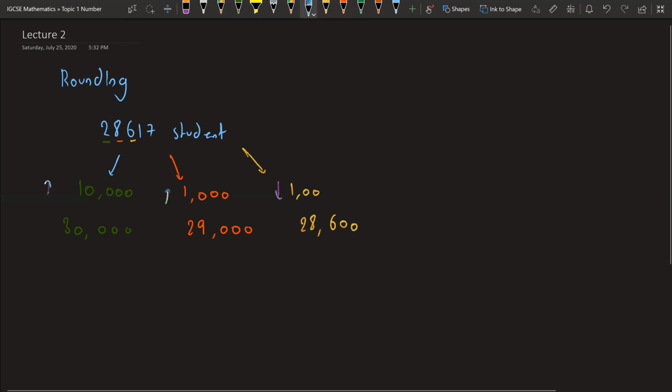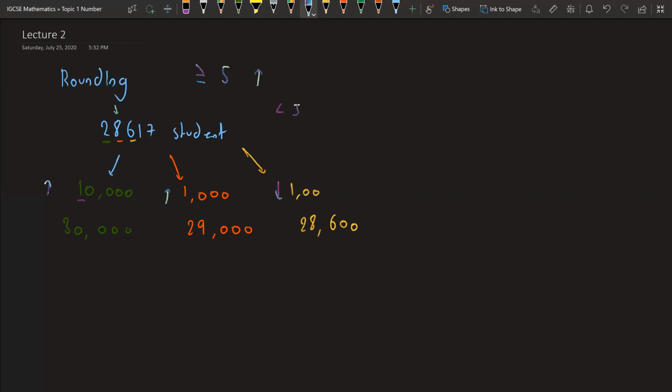The reason being, when you round the number to the nearest 10,000, you have to look at the value before it. Is it more than 5, less than 5, or equal to 5? If it's more than or equal to 5, you round up. If it's less than 5, you round down.